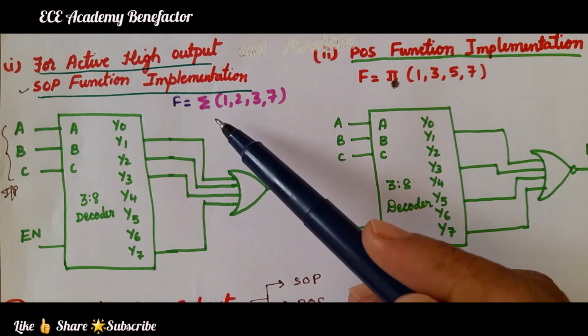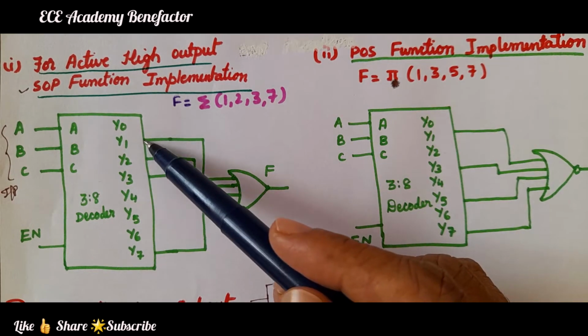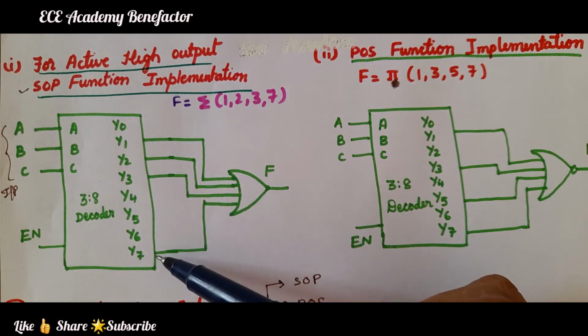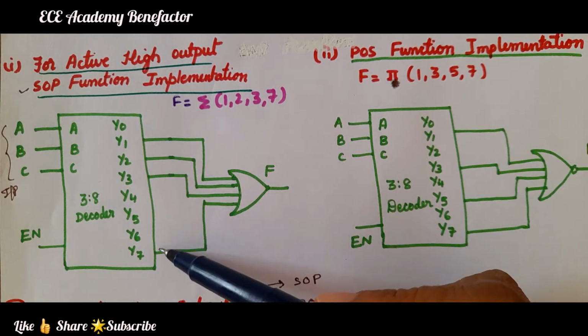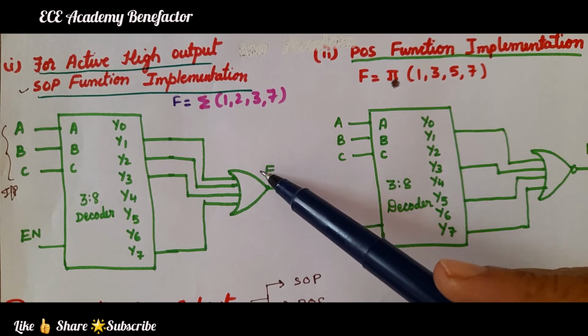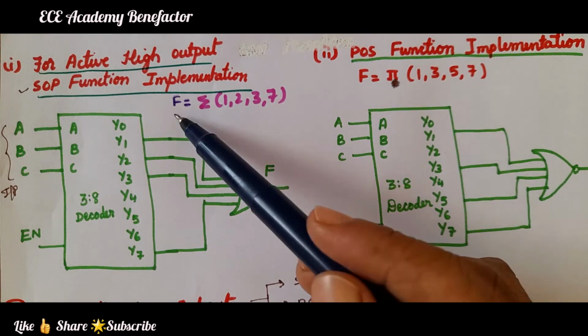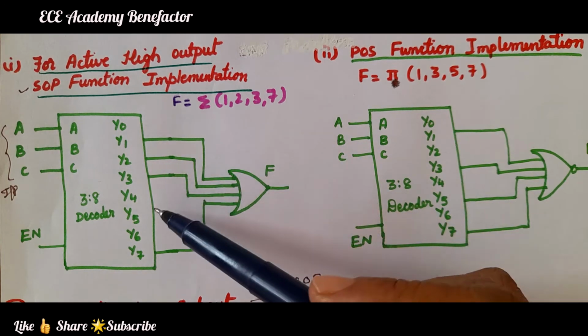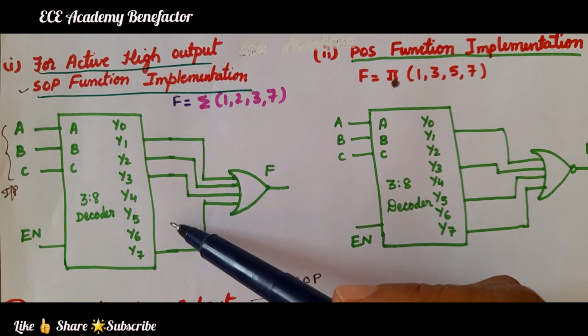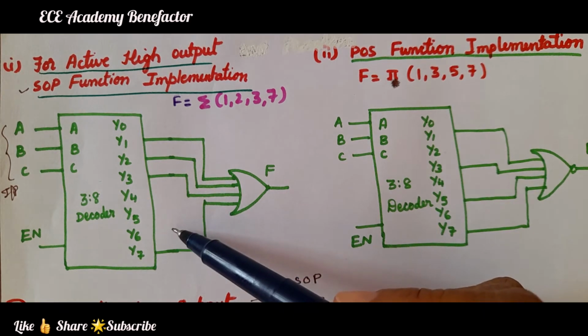The list is y1, y2, y3 and y7. These 4 outputs are connected to an OR gate to generate the function f. This is how we implement active high output in SOP form.